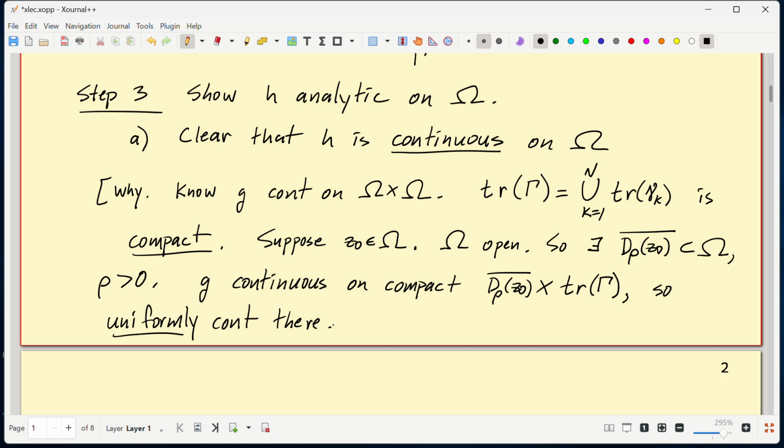And then, using an estimate for uniform continuity, give me an epsilon bigger than 0, and using an estimate for uniform continuity on that product topology, the rest is easy.